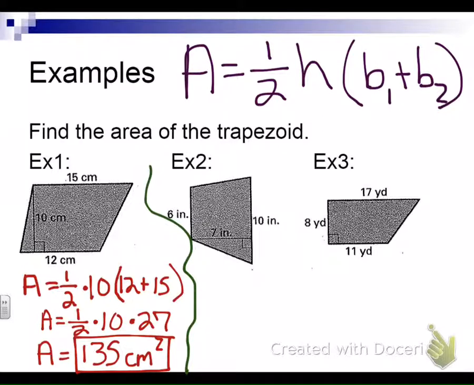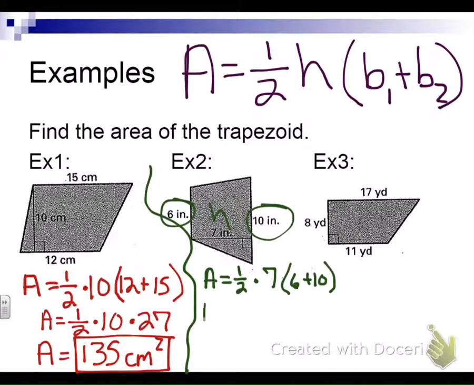All right, for number 2, I'm going to keep going unless you guys stop me, okay? So, what are my bases in example 2? What are the numbers for my bases? 6 and 10. Those are my bases. What's my height? 7 is my height. So my area is going to be 1/2 times 7 times 6 plus 10.